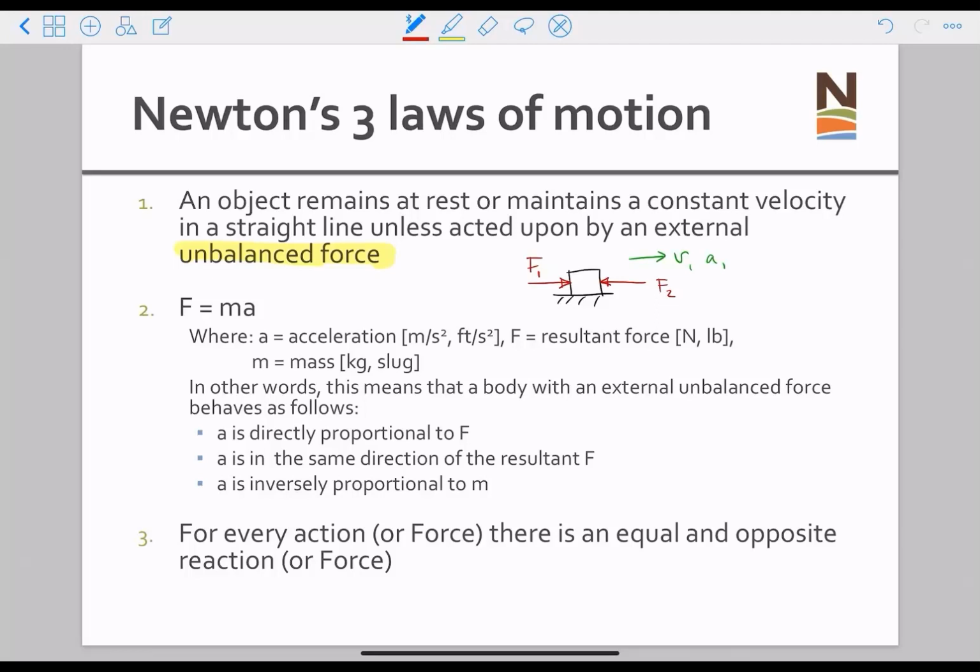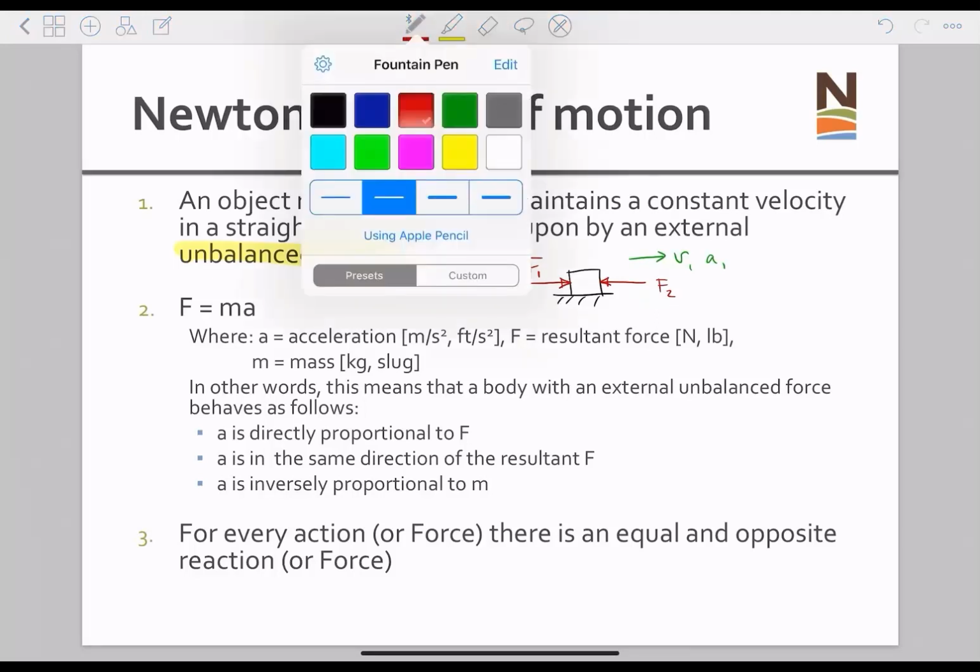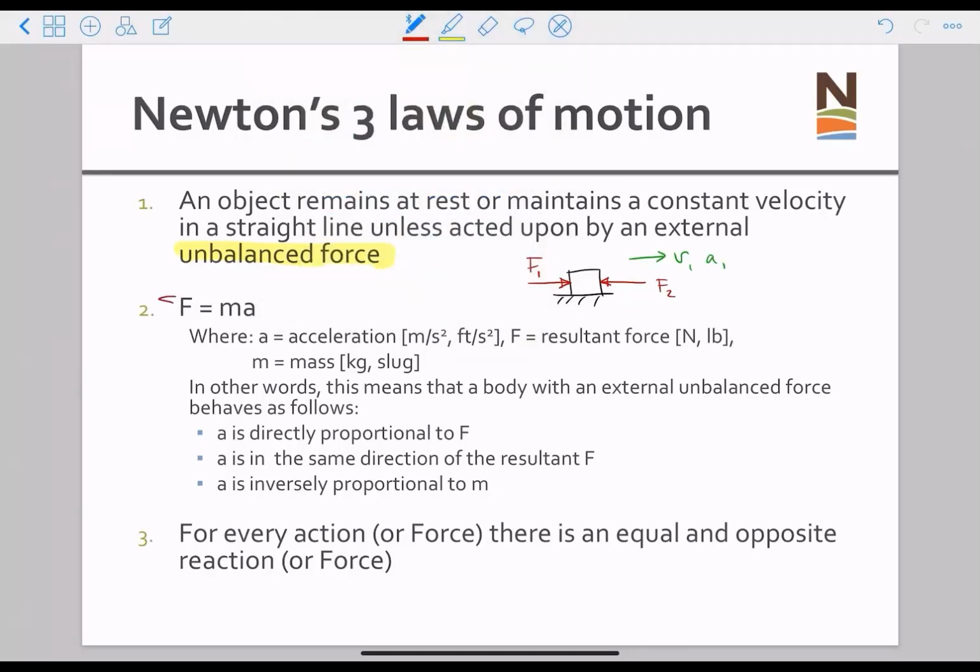All right, moving to number 2, Newton's second law, F equals ma. I typically like to show this as the sum of forces equals ma, for the reason we discussed in Newton's first law: it's an unbalanced force. So what you want to do is sum all the forces and set that equal to ma. It's a pretty straightforward equation.